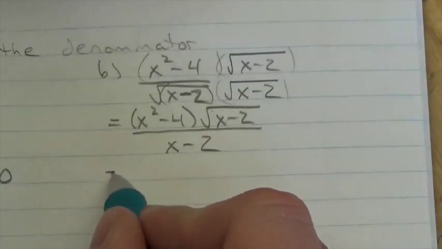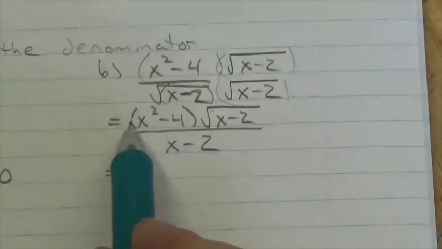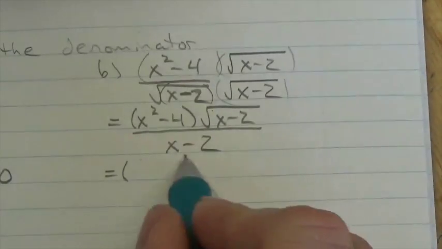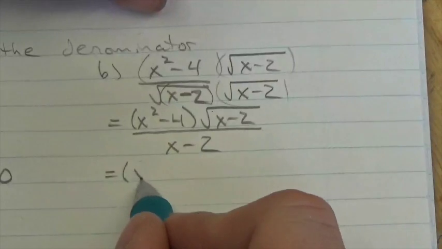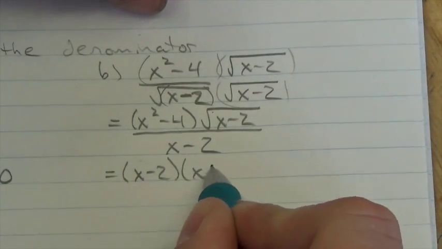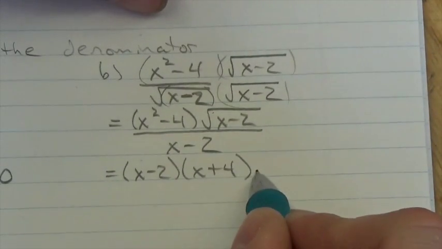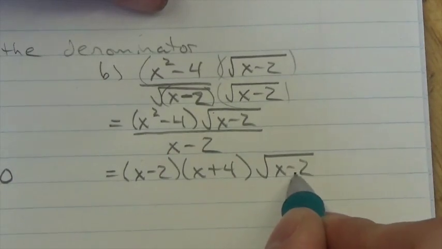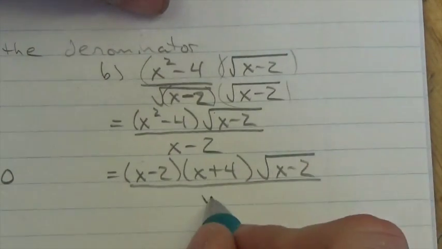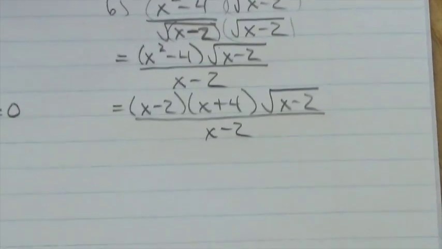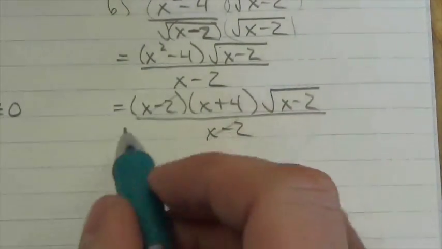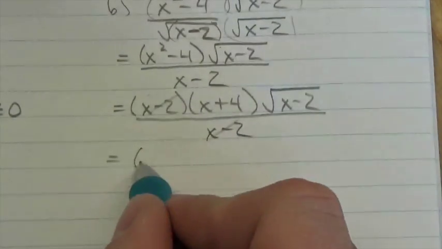Now, there's always a little bit of simplifying here. Notice that x squared minus 4 is a difference of squares, and that denominator you should recognize as being one of the factors. So x minus 2, x plus 2, square root of x minus 2, all over x minus 2. And now I can see that that factor will cancel to produce a 1.